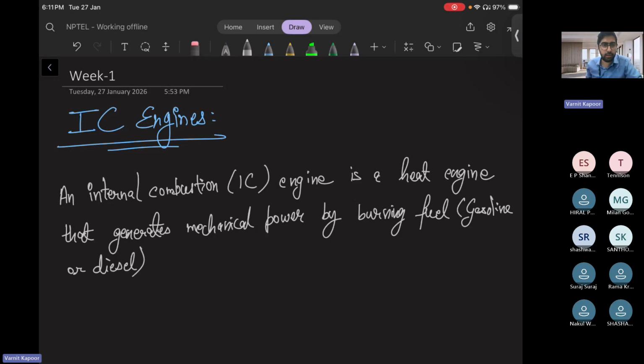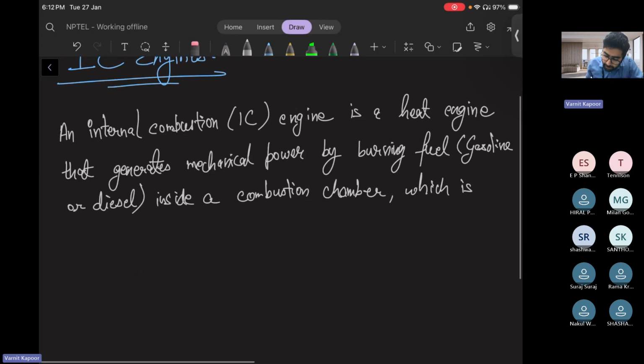Gasoline is generally a term for petrol; in the West, they generally use the term gasoline instead of petrol. The burning happens inside a combustion chamber, which is an integral part of the working fluid.